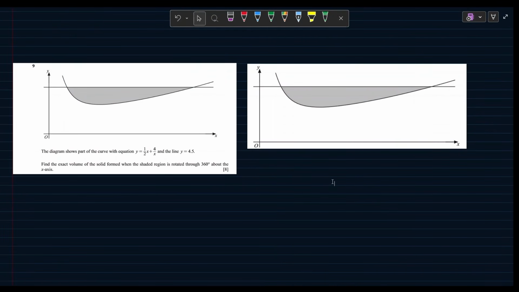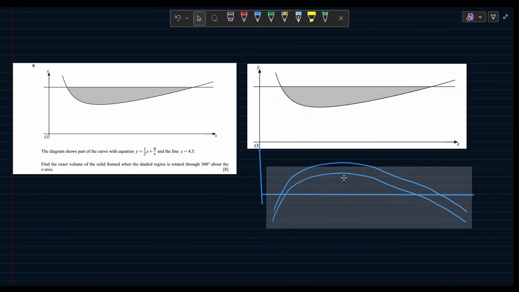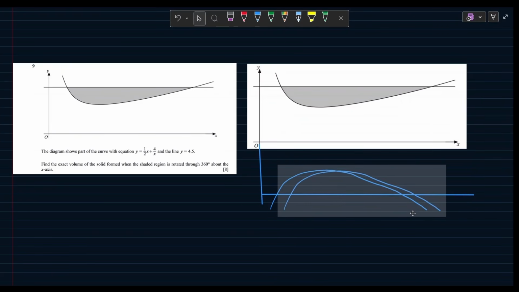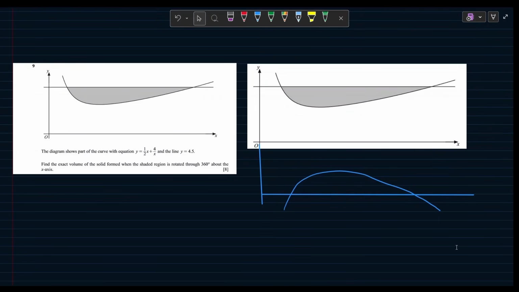So if I extend the y-axis, and I just want to reflect the diagram that they have, so I'm going to reflect that horizontal line, which looks like that, and I'm going to try to reflect the shaded region as well, something like that. Let me pull it down a little bit here, something like that. And this is the shaded region.